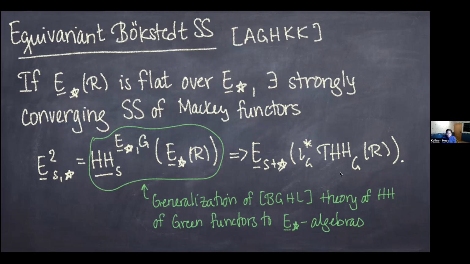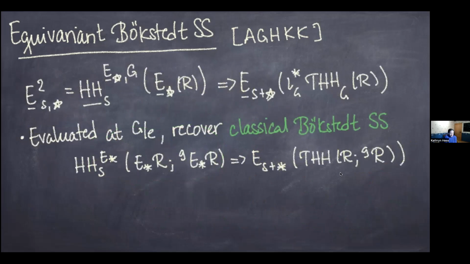And it turns out that the spectral sequence does actually really enable us to do some computations. But before I show you the result of a particular computation, I just want to point out that we have here, as I said, a spectral sequence of Mackey functors.